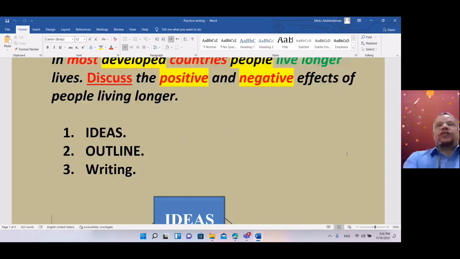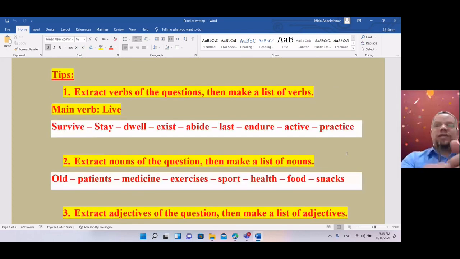So if you need ideas, look at the noun or nouns and the adjectives of the question. When you make a list of adjectives, you get most of the vocabulary that can help you to invent ideas.